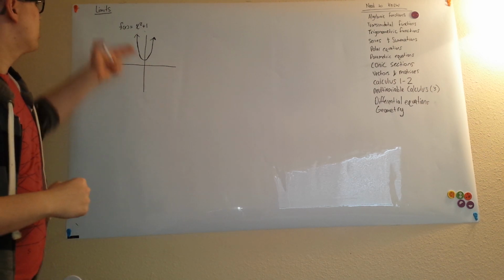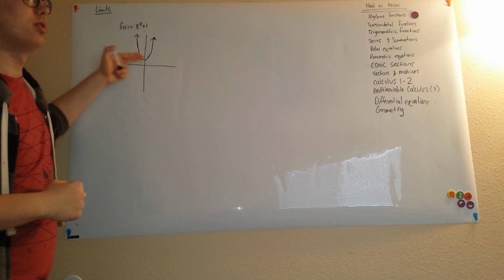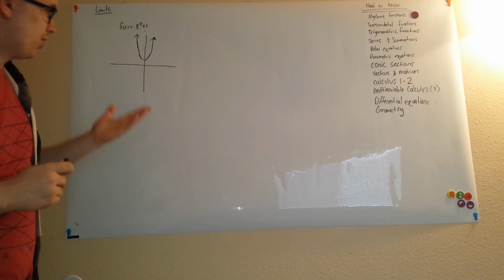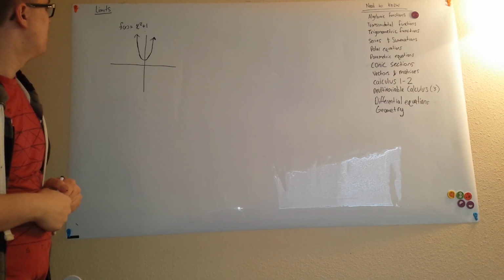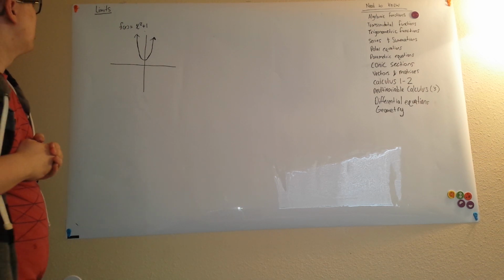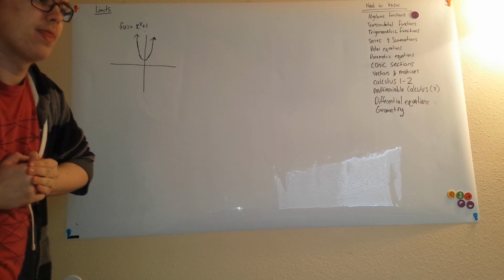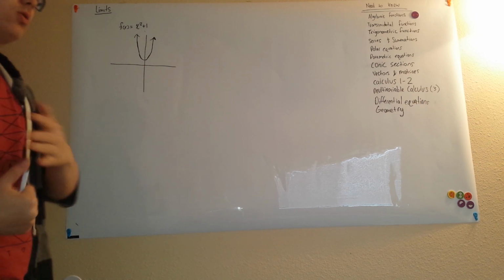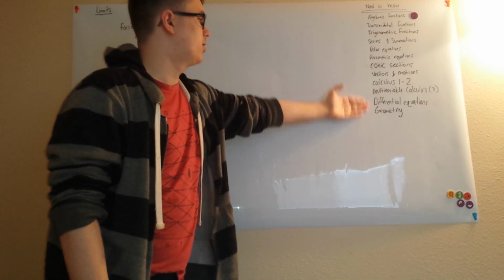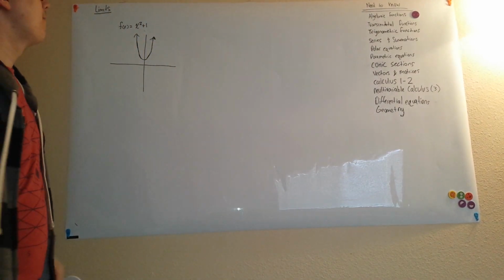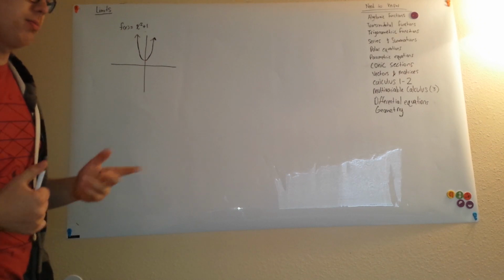But what we call this is a continuous function. There's nothing wrong. But we do have an idea that is useful, and it's so useful that it brings out all this. So, the idea of limits.